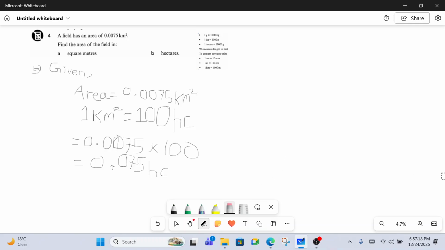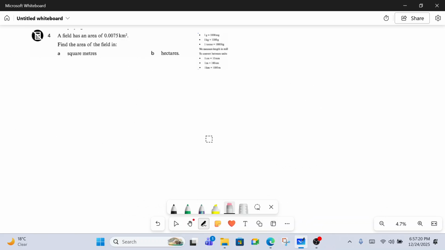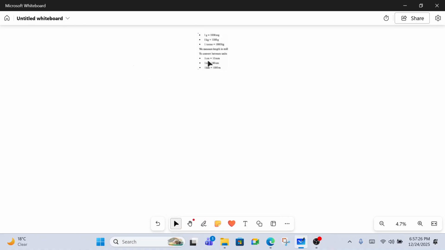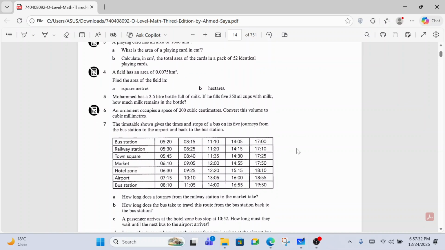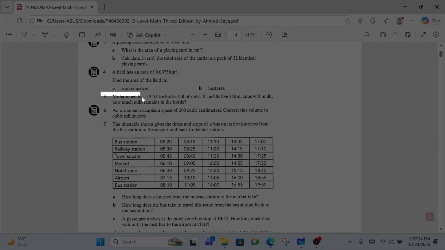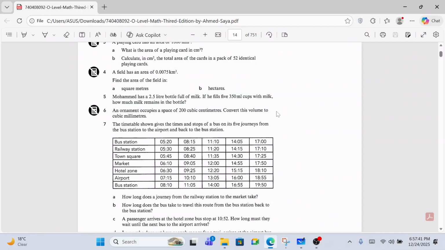Let me erase this down. I believe we're not using this table here anymore. I'm just gonna remove it for more space. Question number 5 is a calculator one, so feel free to use your calculator in here. It's also a pretty small question.